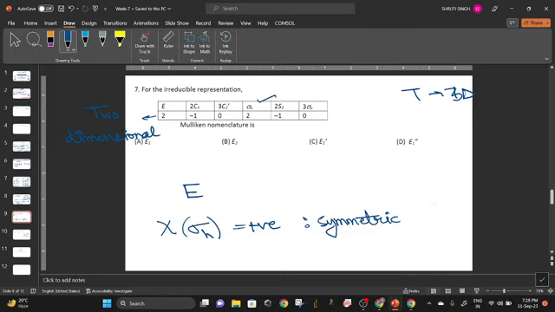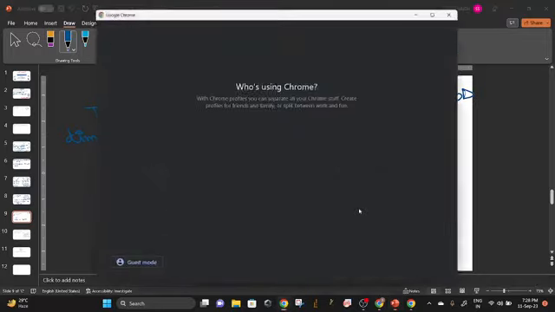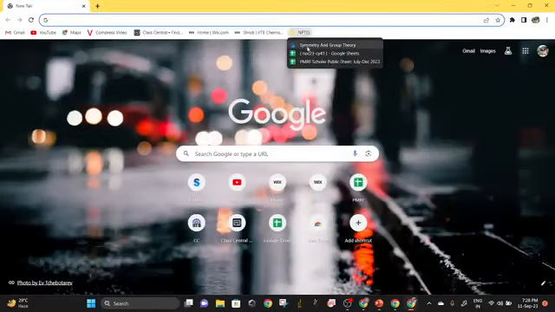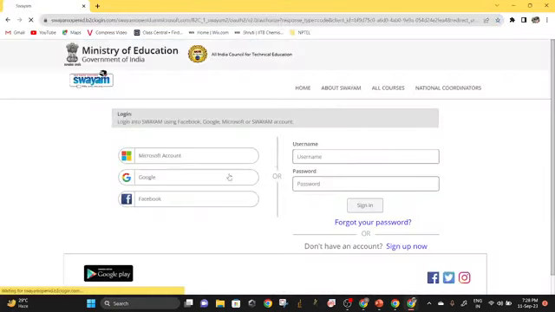Is there any problem with the options? One second, guys. What are the options given?